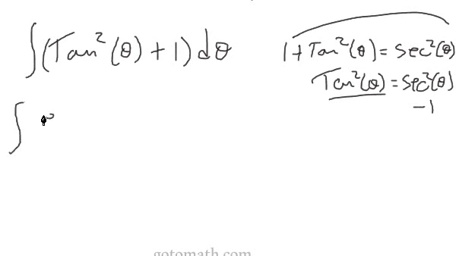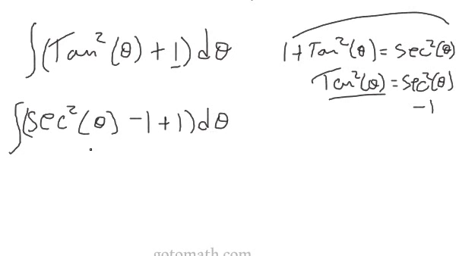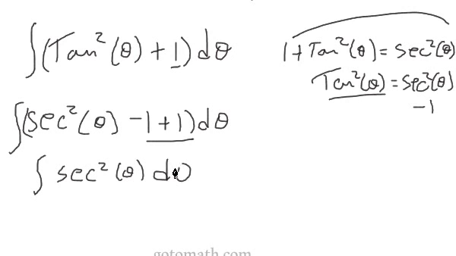So we have the integral of secant squared theta minus 1, but then we have this one here, so plus 1 d theta. And we can rewrite this again. This is secant squared theta, right? Because those are going to cancel out, d theta.